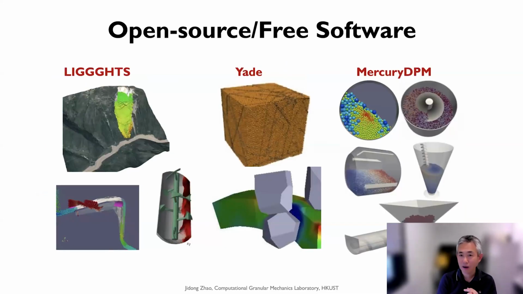On top of that, we also have options to use different open source or free software here. For example, LIGGGHTS is an open source software that we can use. It's basically developed on top of the Sandia National Labs LAMMPS software, and they added this frictional contact concept, and now they also have the capability to use GPU acceleration to simulate larger scale granular systems.